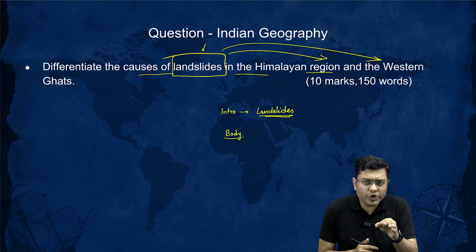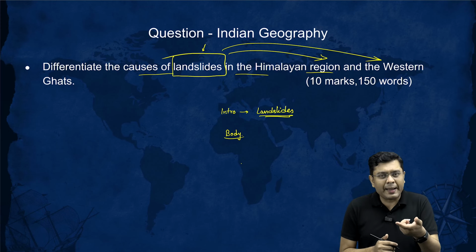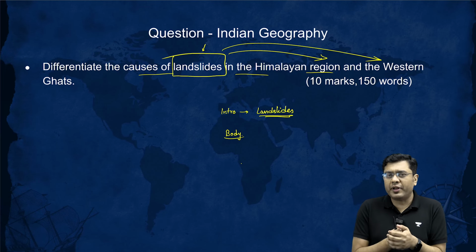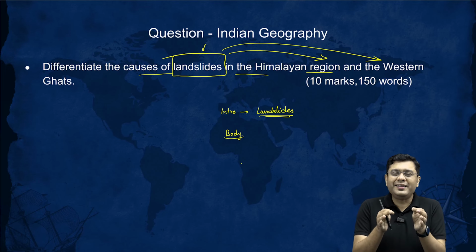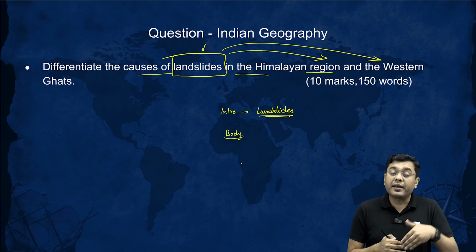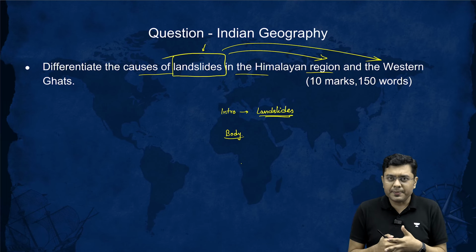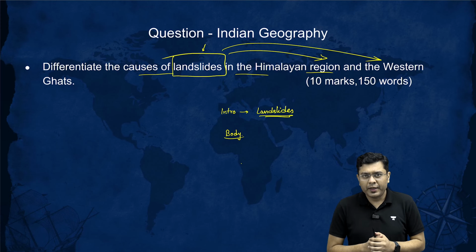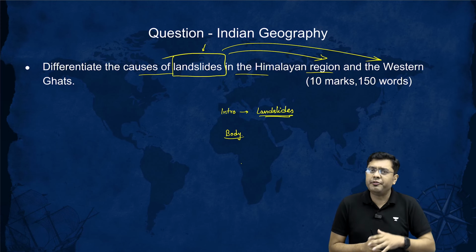Proper hazard zonation and public awareness campaigns need to be carried out in order to prevent those precious lives from being lost and ensure that these critical ecosystems are conserved for posterity. So that is how you have to conclude the answer. You are providing a very brief way forward.